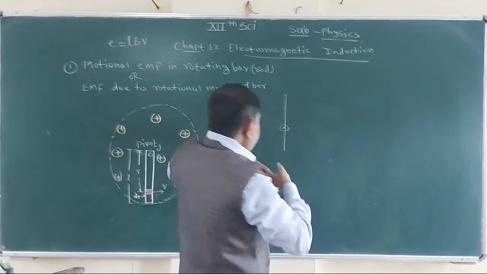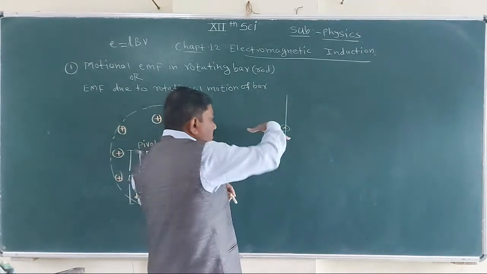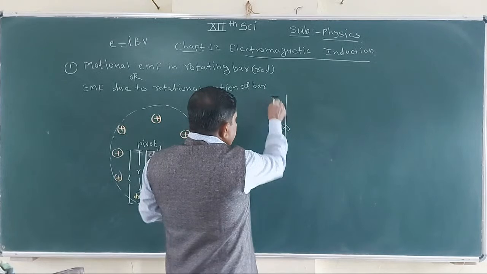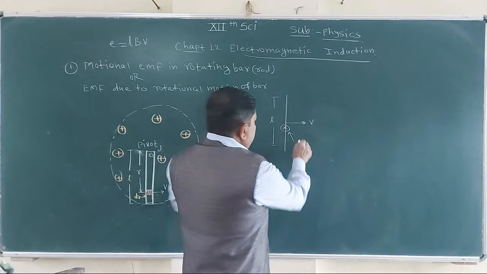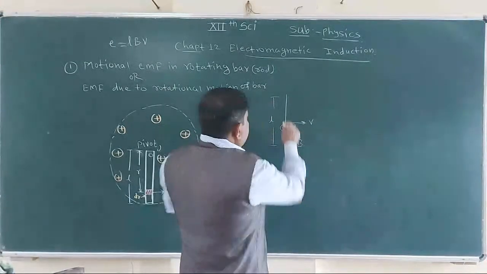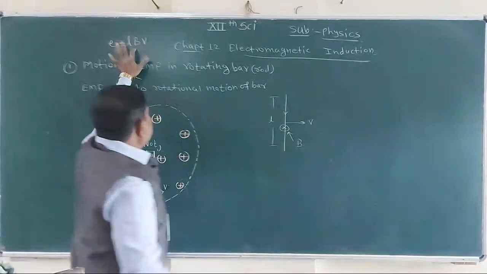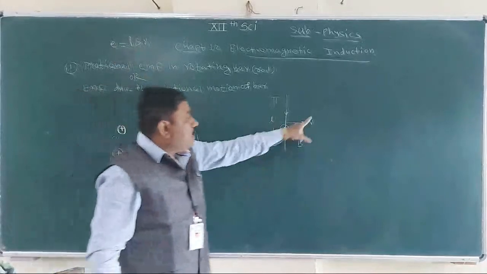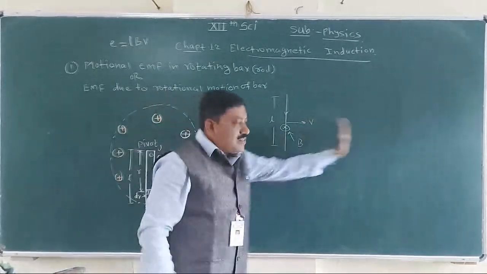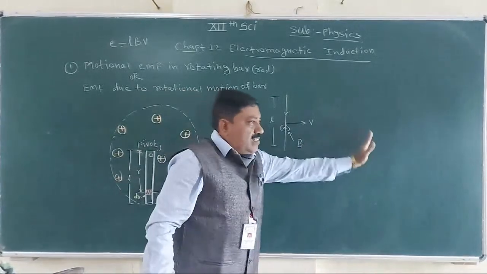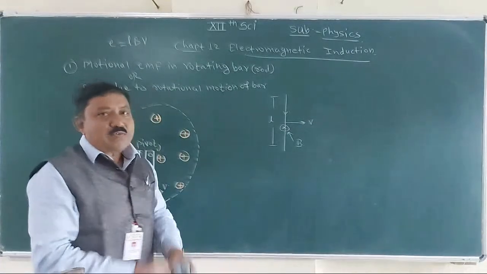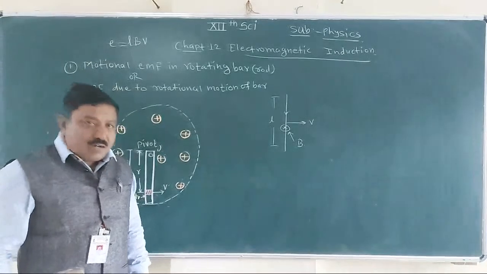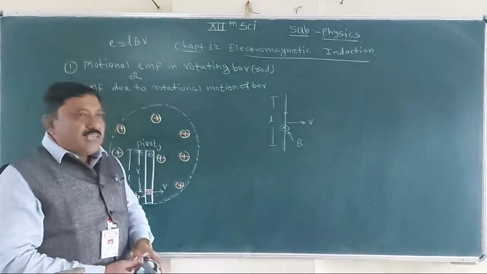If the conductor of length L is moving with speed V, the EMF produced in that conductor is L into B into V. That is translational motion, a motion of the conductor from one place to another, and the EMF produced is called motional EMF, that is translational EMF.